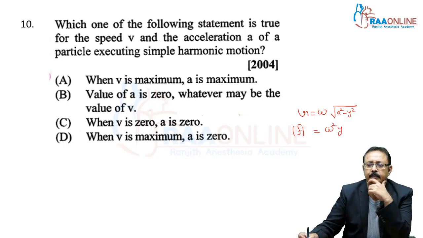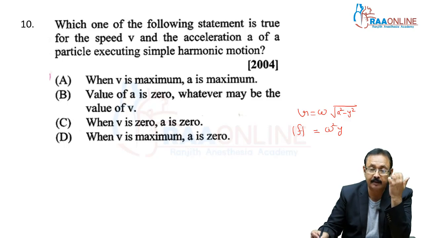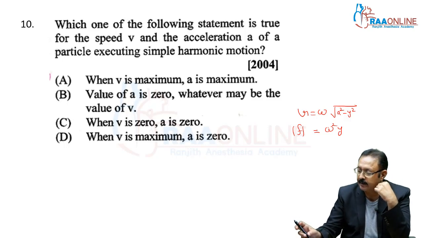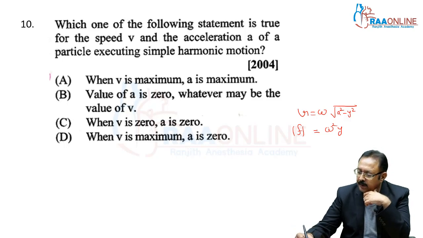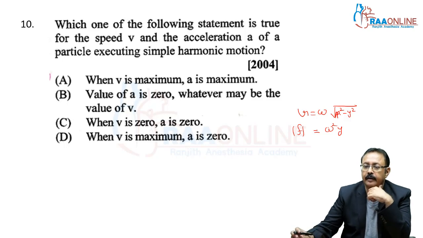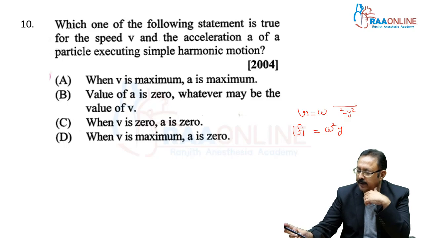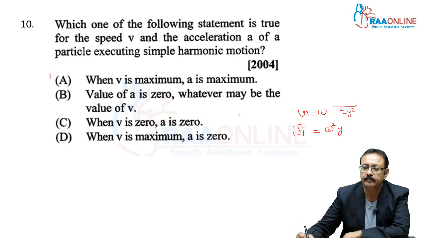When y is maximum, v is minimum, and acceleration is maximum. They are saying acceleration a, so we will write acceleration by small a, and this amplitude we can write as capital A. It is given in the question, that's why.